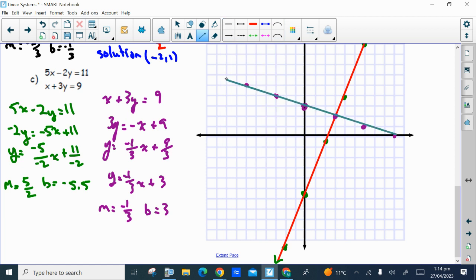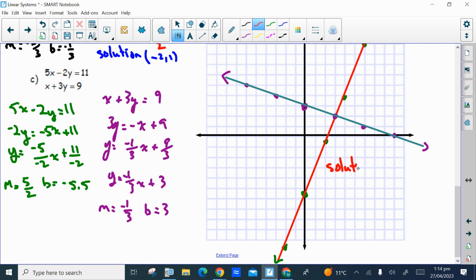So our line goes through all those points, and our arrows are drawn on the ends of the lines. And again, we can see that our solution, our point of intersection here, appears to be at the point (3, 2).